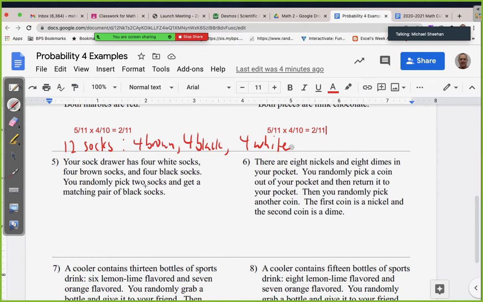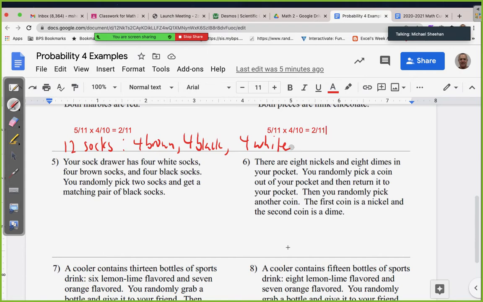Okay. I randomly picked 2 socks. Does it say that I put them back? What do you think, Anastasia? Does it sound like I just take 2 socks out and don't put them back, or does it sound like I take one and put it back and then take another one? The second one.